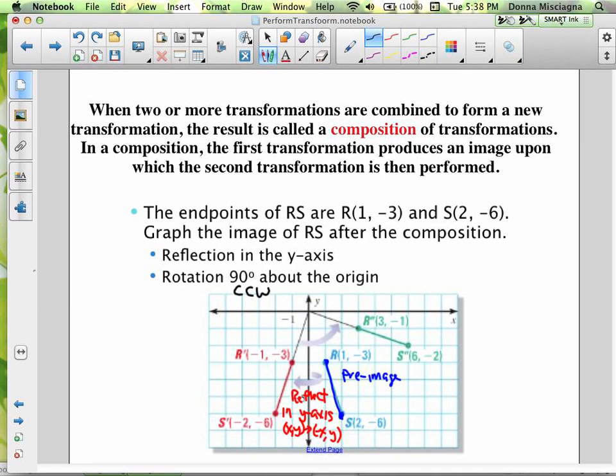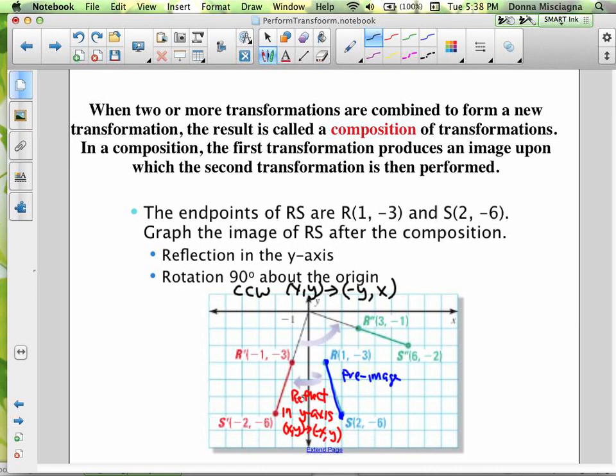Remember, on a 90-degree rotation counterclockwise, (x, y) becomes (-y, x). The x and y are going to switch, and the first one changes signs. In this case they're both negative.